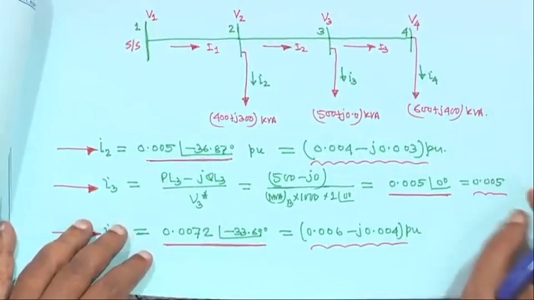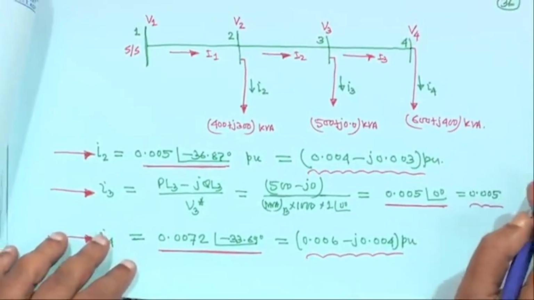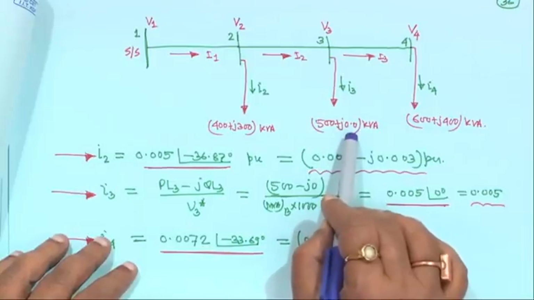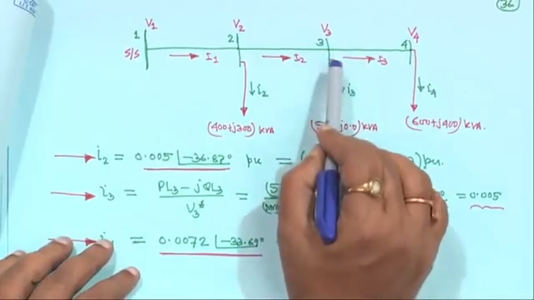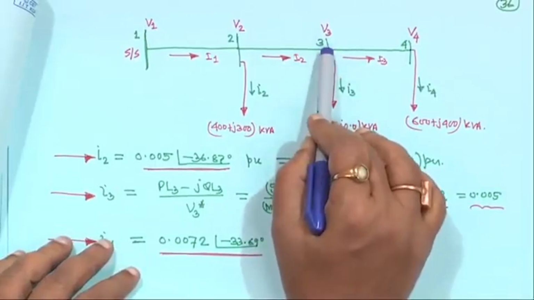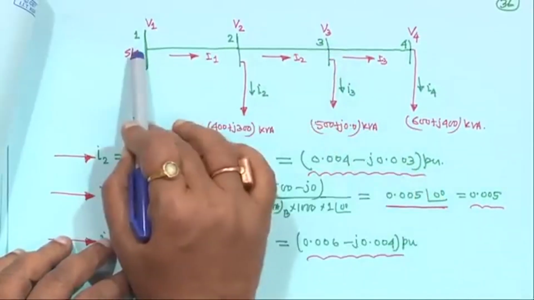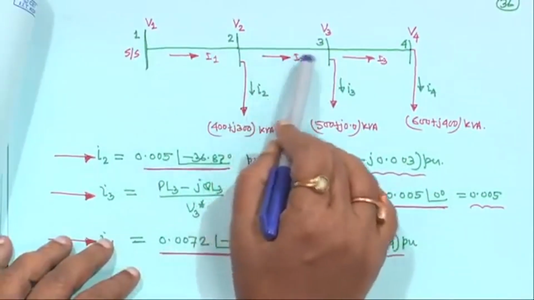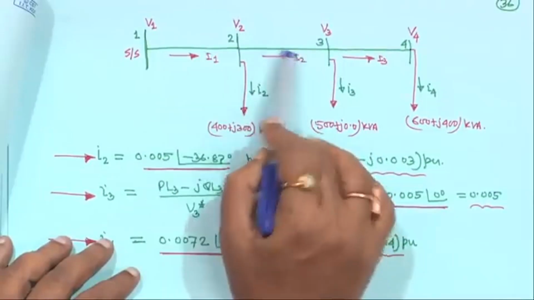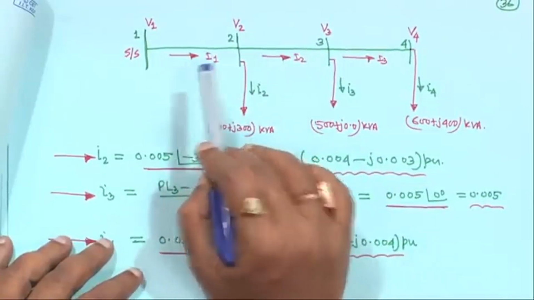So, in the explanation I told you something, though it depends of course on the capacitor value: wherever you connect the shunt capacitor, from that point to the source, only that part will be affected. Affected means that loss reduction will occur only in this branch and this branch for this example, right.